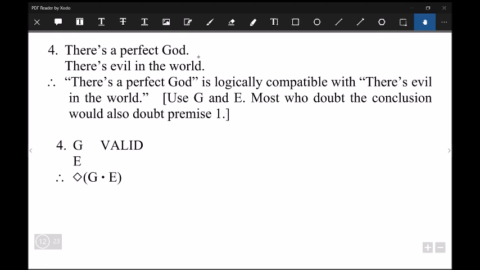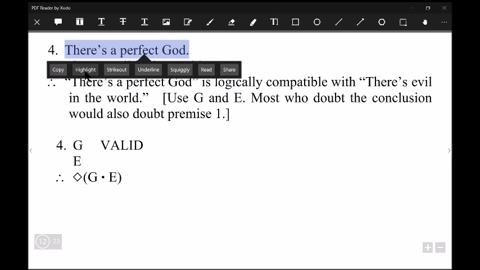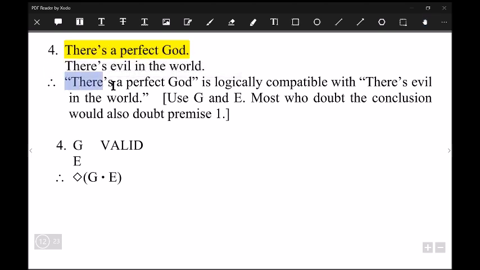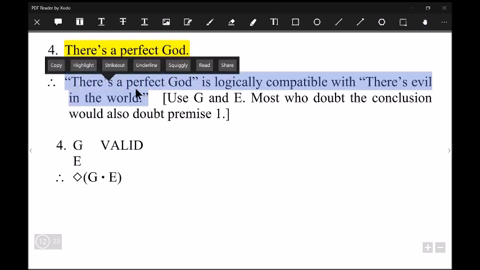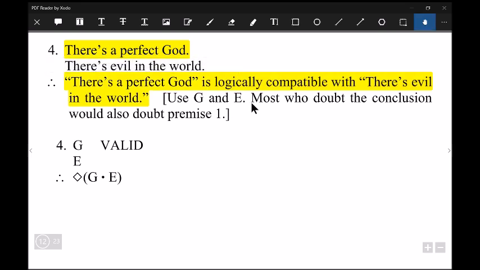So you're not going to convince anyone with this at all. It assumes the opposite of the conclusion in the first premise. You wouldn't hold the first premise unless you also held that that is compatible with the existence of evil in the world. So it begs the question. Are there better ways of reasoning on that?